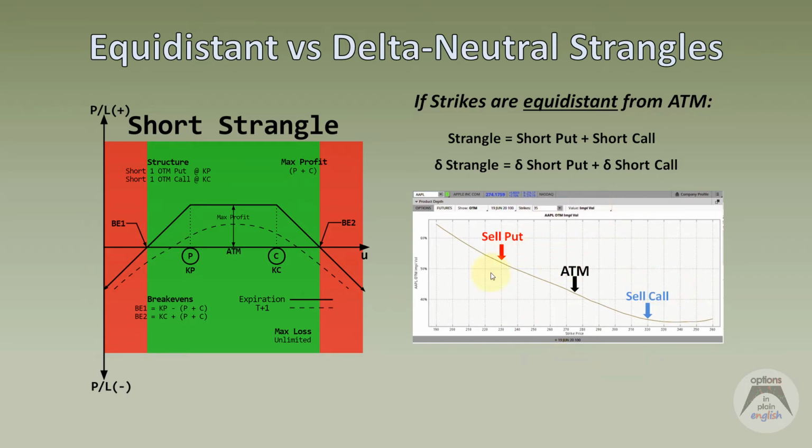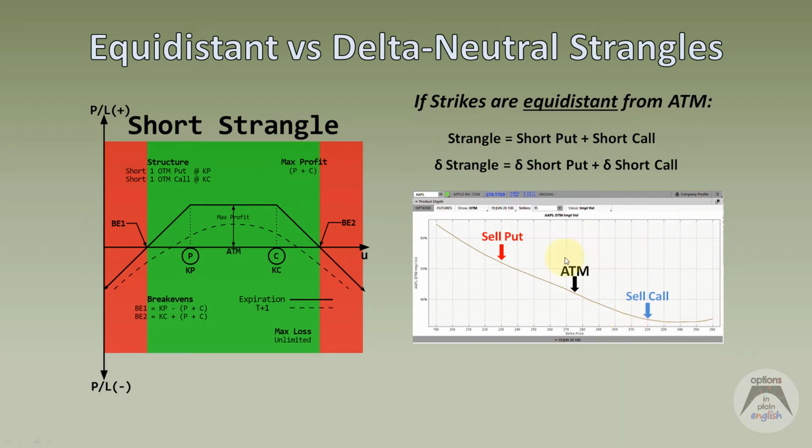So the strangle that you're going to get is going to have a positive directional component, which might not be what you wanted, because you probably wanted a position with no directional component, a position that only benefits from time passing, so theta, or implied volatility going down, so vega in that case.